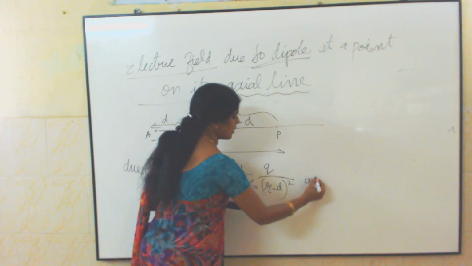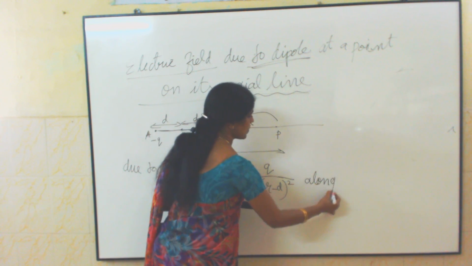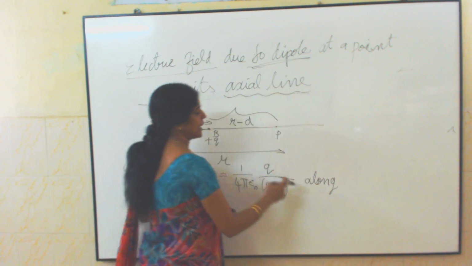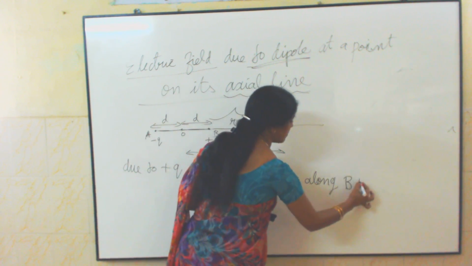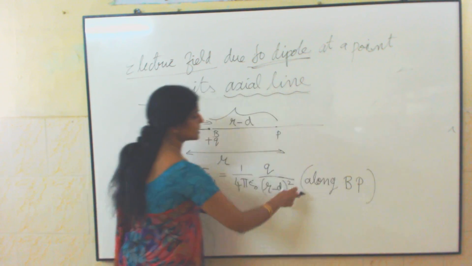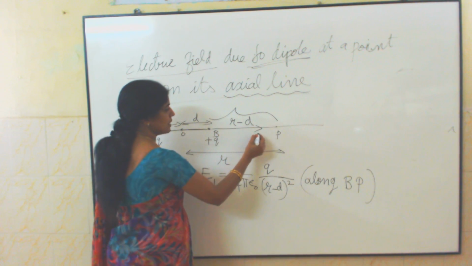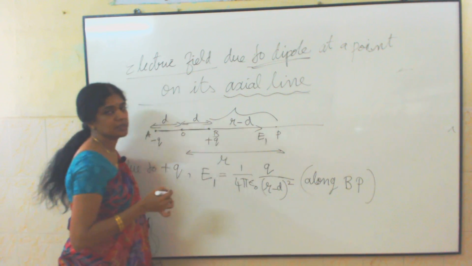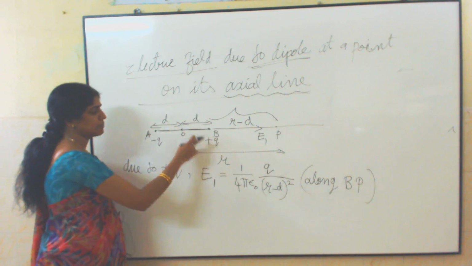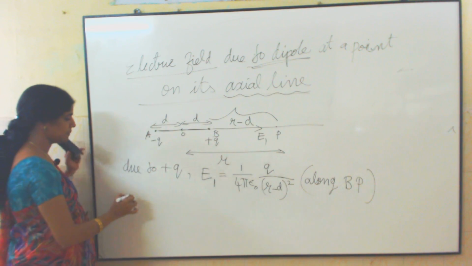So, this electric field due to the charge plus Q will be acting along BP. This is the direction of the electric field. So, here let E1 be the electric field due to the charge plus Q placed at B.